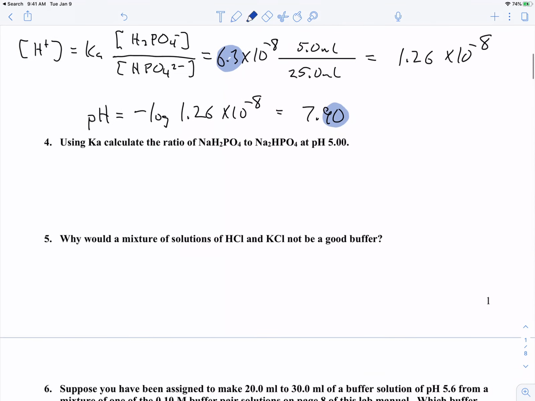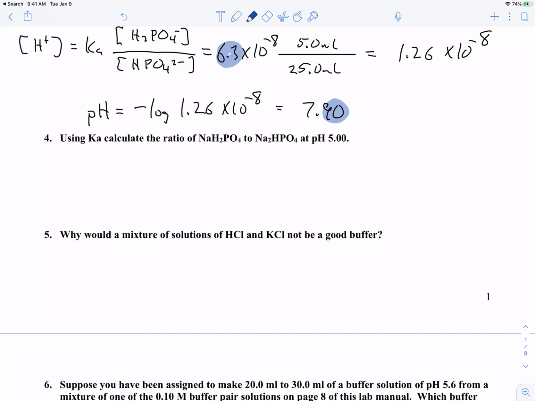What if we wanted a pH of 5? Well, we're going to see that this is not the best buffer to use for a pH of 5 because the hydrogen ion concentration is going to be vastly different from the Ka. So with a pH of 5, the hydrogen ion concentration is going to equal 1.0 times 10 to the minus 5th molar.